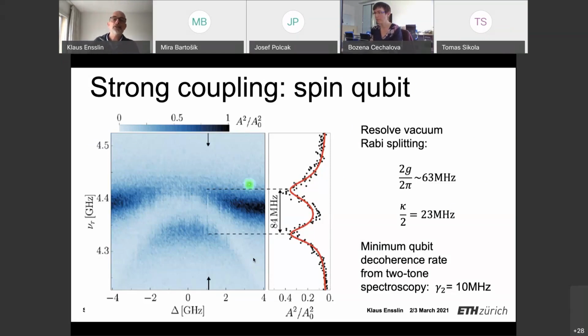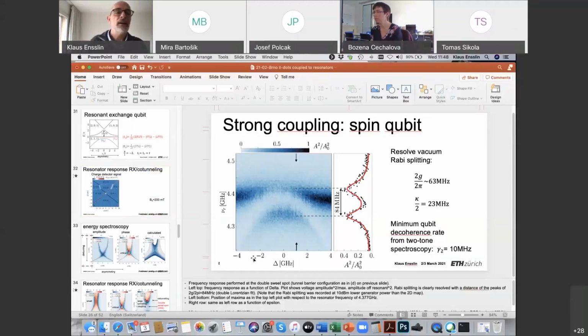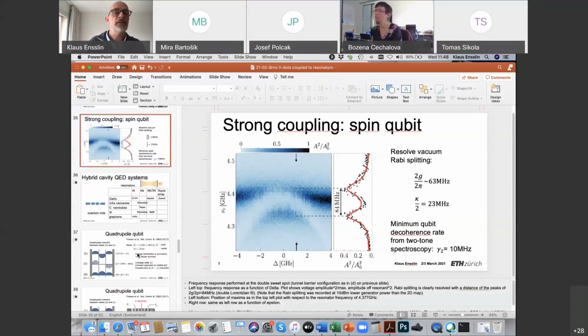And if you do the spectroscopy, you see again that we get 2 peaks, anti-crossings here. You see that the peak width is less than the peak splitting. Not much, just barely. But it shows you how we can couple the spin state to the microwave resonator. So this is a way of moving forward with these systems.